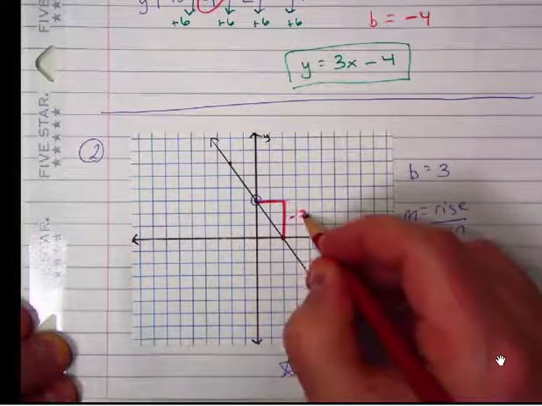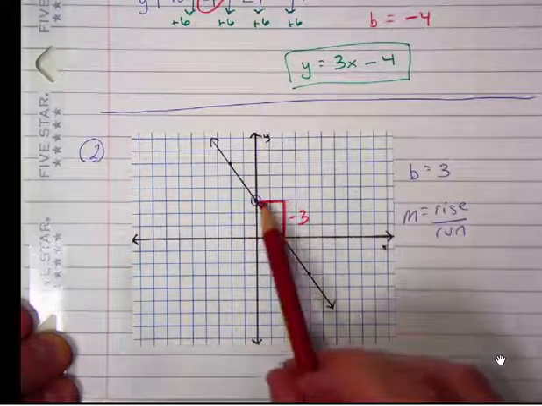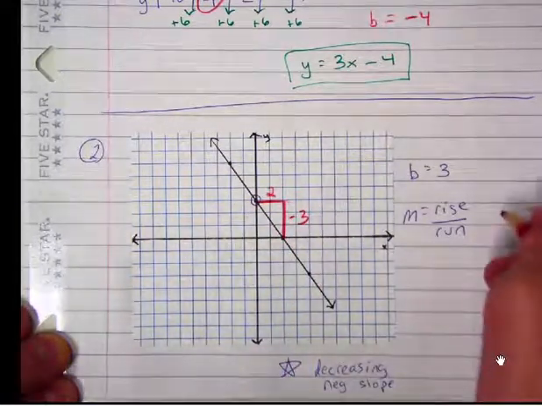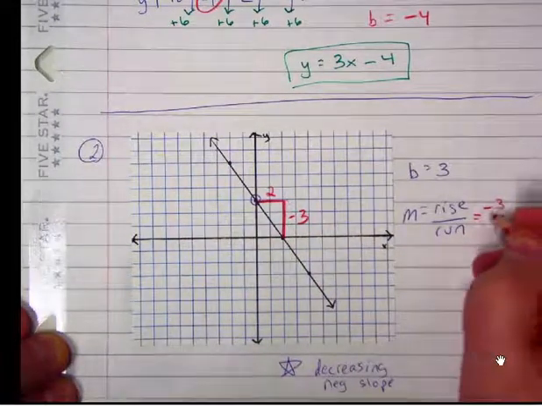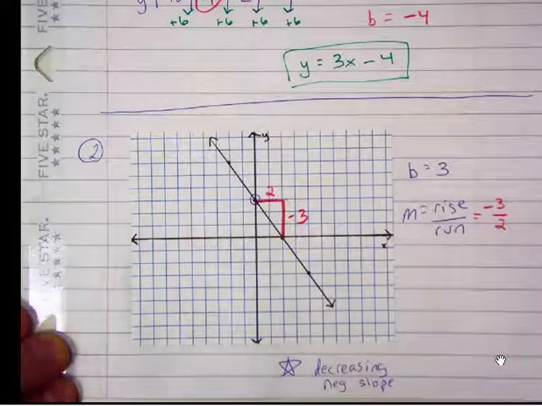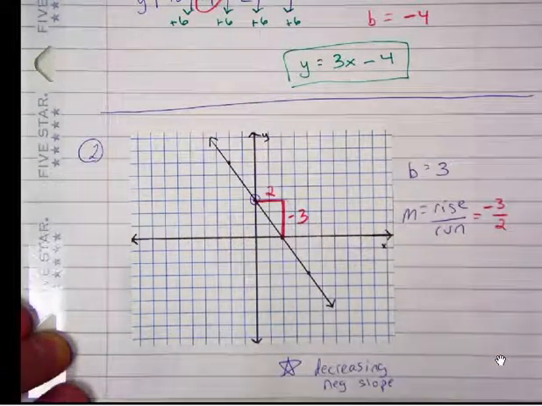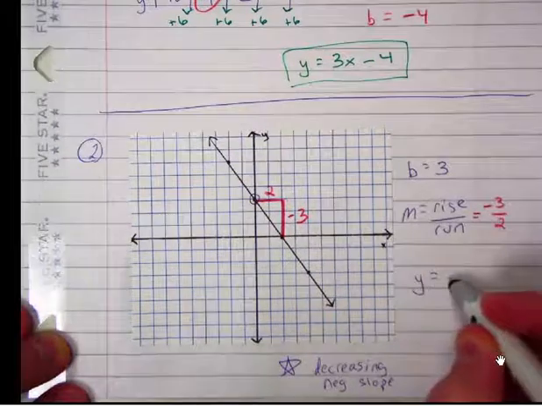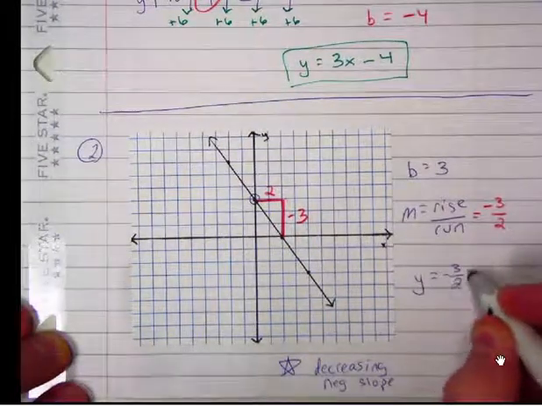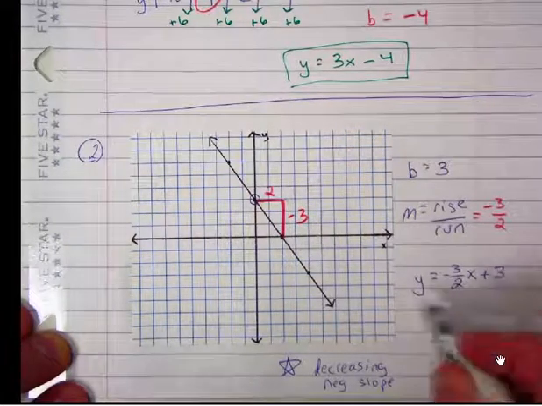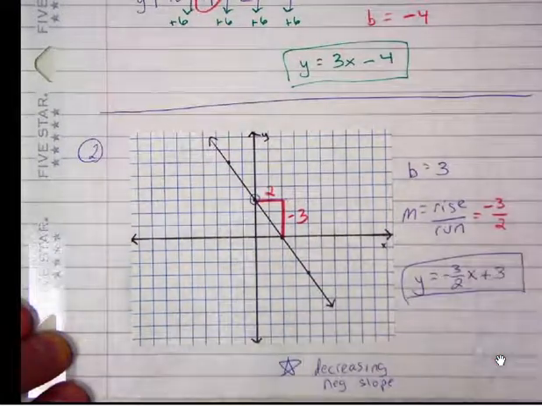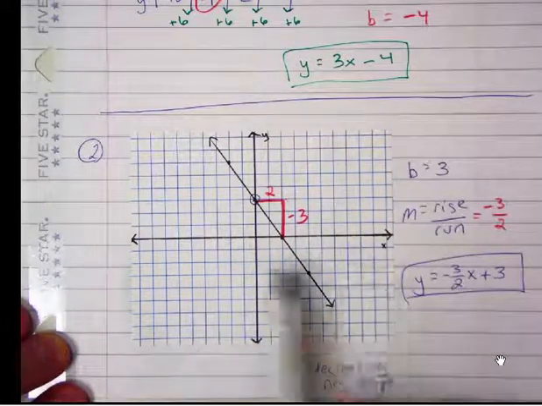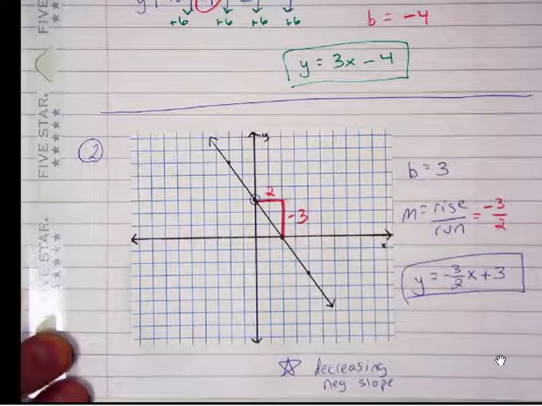So this is going down 3, and it's going across 2. So my rise over run is -3 over 2. Once again, once I have my slope and my y-intercept, I can write the equation as y equals -3 halves x plus 3. I check to make sure that I have a negative slope, which I do because this line is decreasing.